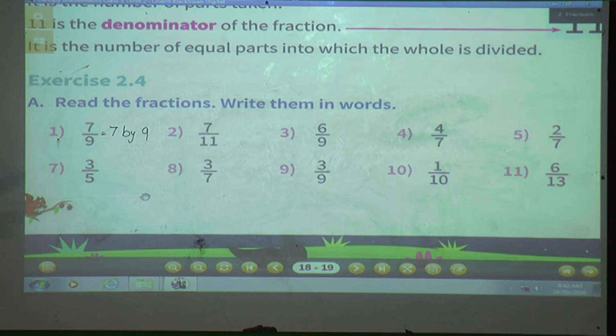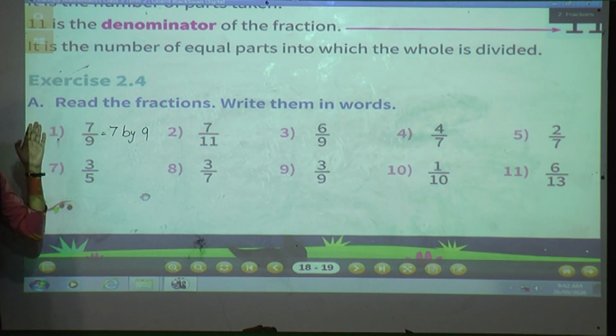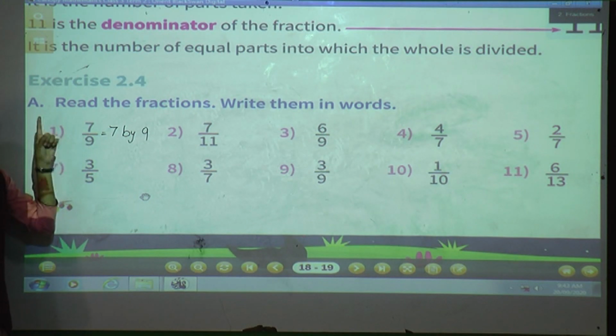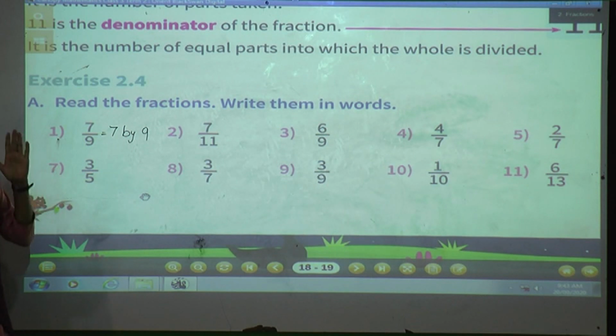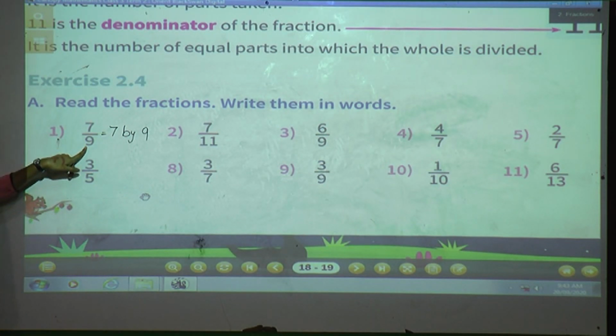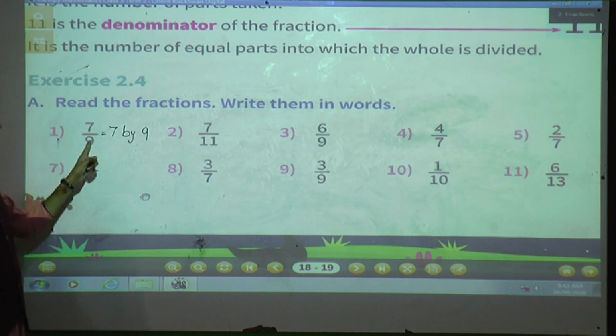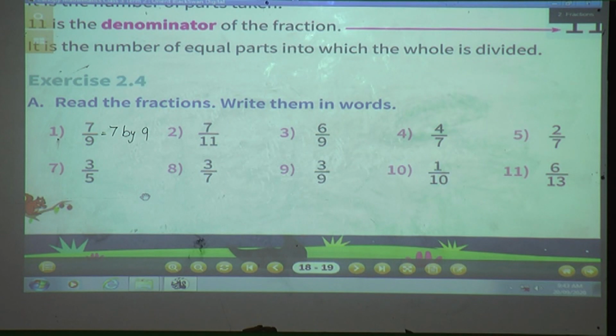Yes, 9 is the denominator and 7 is the numerator, because the whole is divided into 9 equal parts. In this fraction the whole is divided into 9 equal parts. So 9 is called the denominator and 7 is the numerator.